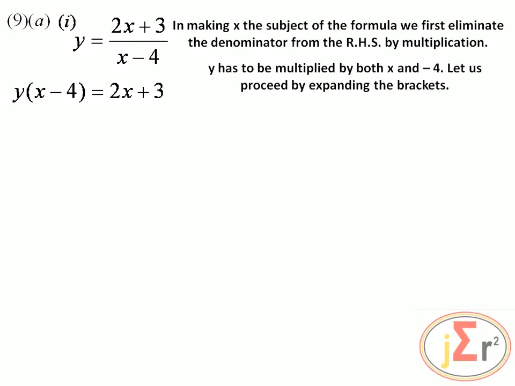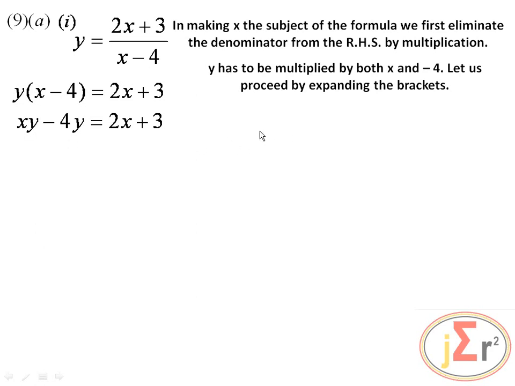So we need y times x and y times negative 4. So we have xy minus 4y, and that is equal to that same thing there, 2x plus 3. Just putting them in alphabetical order. Xy and yx are the same, but more appropriate to write xy.